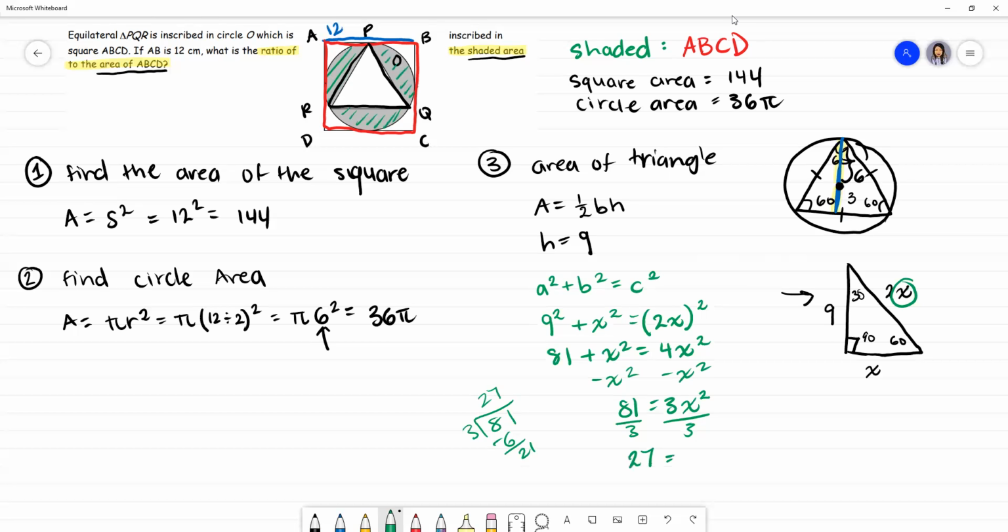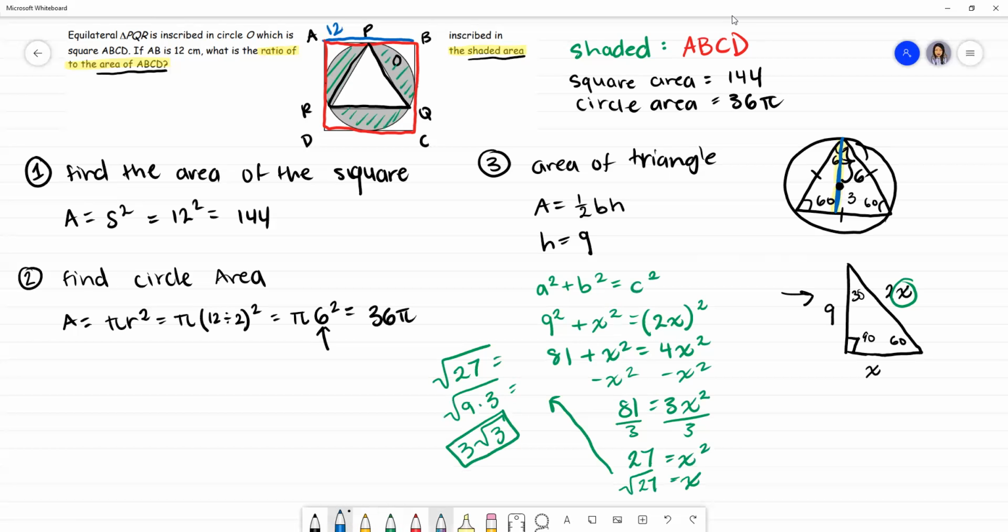So 27 is equal to x squared, which means the square root of 27 is equal to x. And we can take this even further by turning it into simplified radical form. So it is also equal to 9 times 3, which is equal to 3 square root 3. So that's what x is.